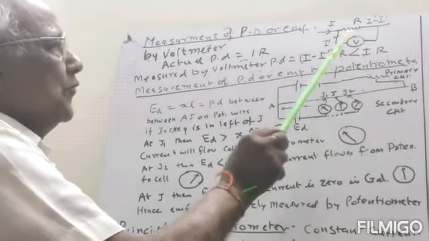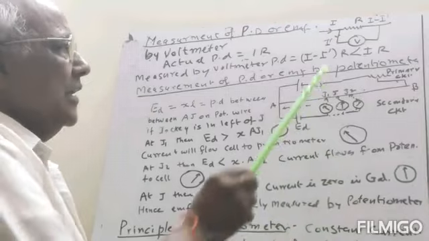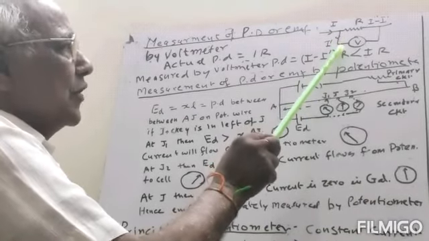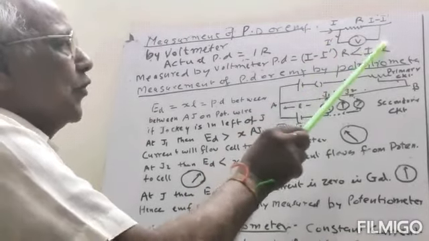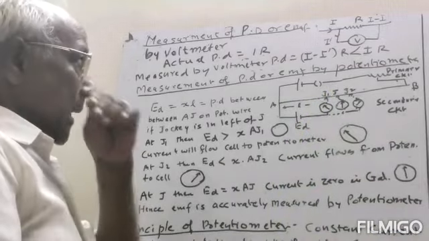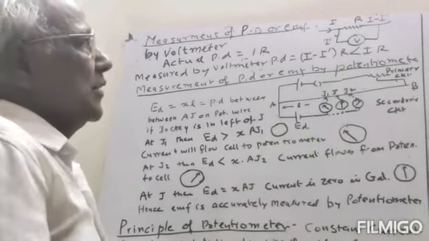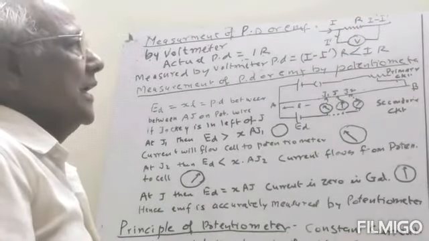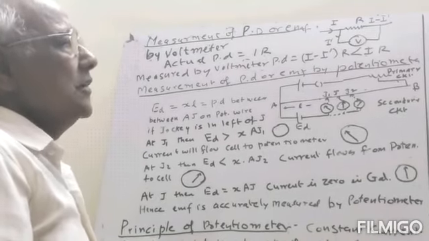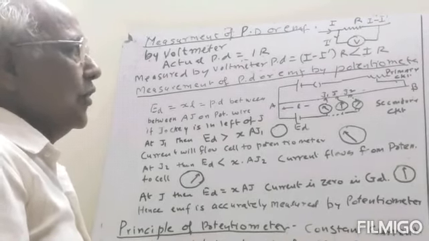When I connect a voltmeter, a small amount of current I dash passes through the voltmeter. So the current in the resistance will be equal to I minus I dash, according to Kirchhoff's current rule.